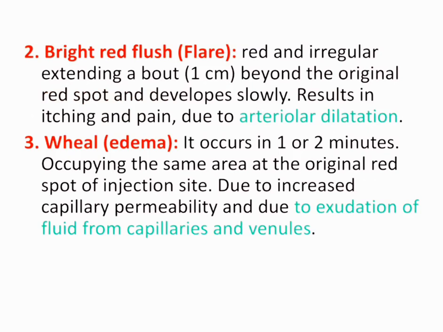The second component is the flare, or bright red flush. This is the red, irregular spreading out of redness from the site of injury to the surrounding area, which is called the flare.